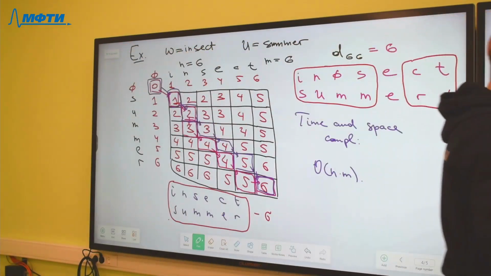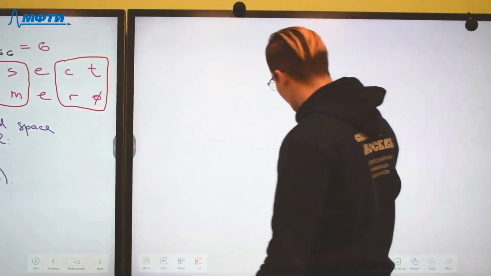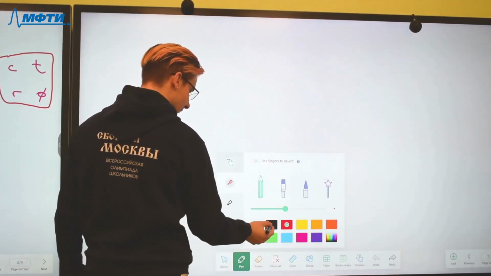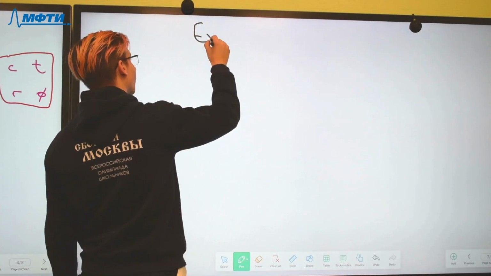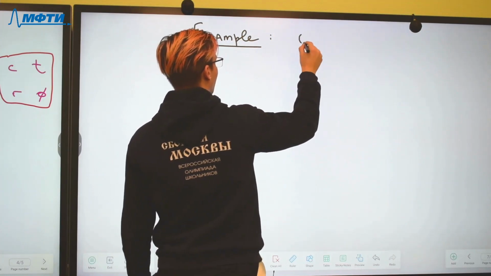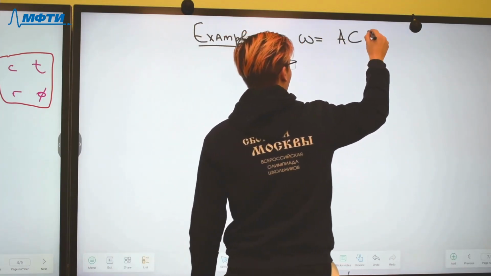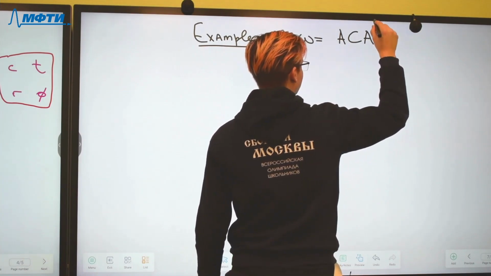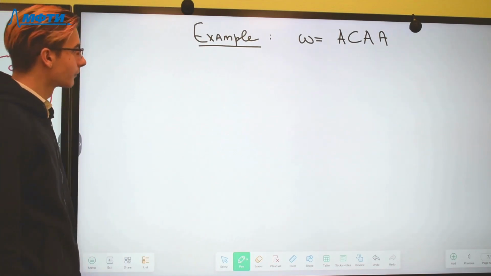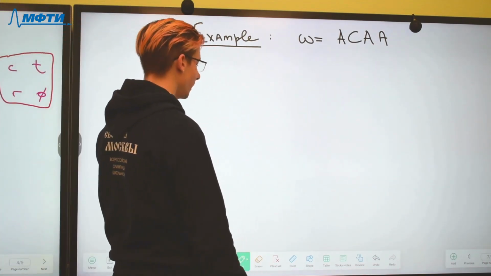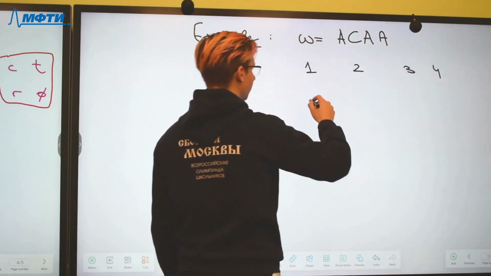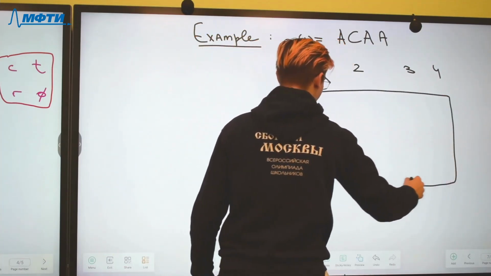So to understand, we write here an example. If we have, for example, A. So I write here a matrix 1, 2, 3, 1, 4 times 4.